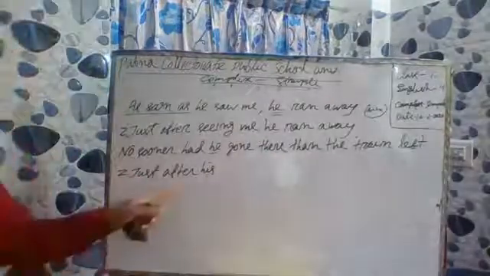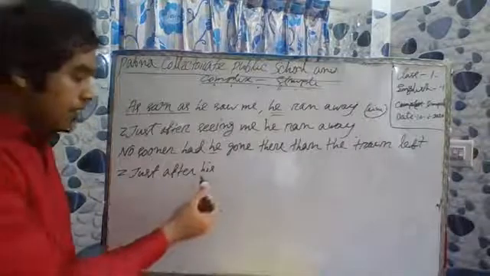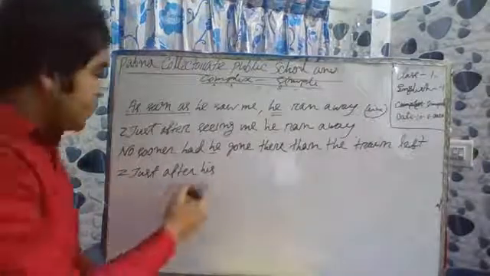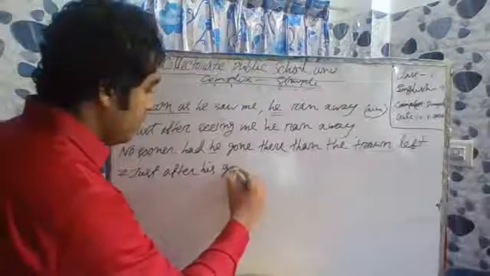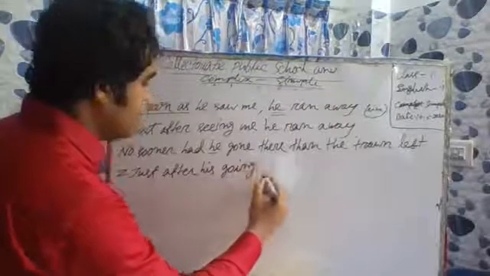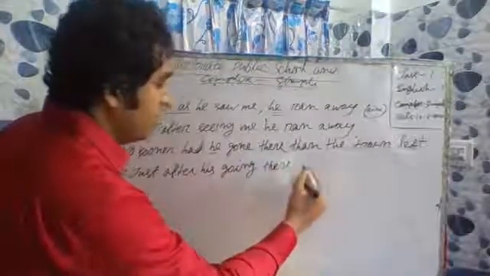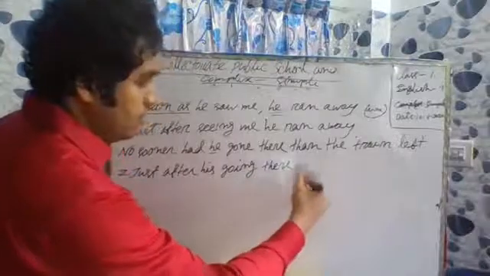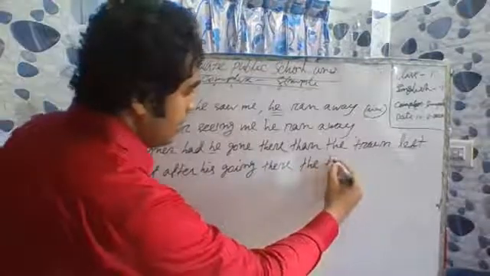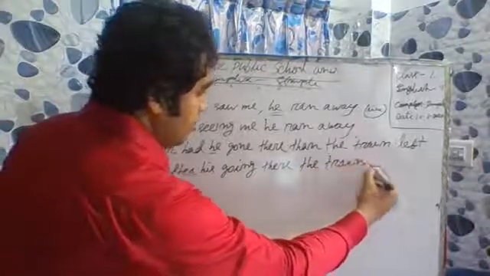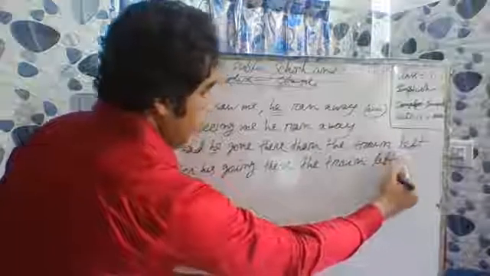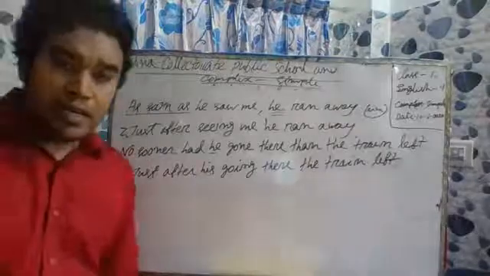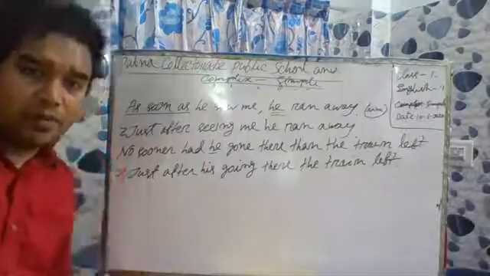That's why you should use here this possessive form, his. Just after his, verb plus ing. Just after his going there, the train left.